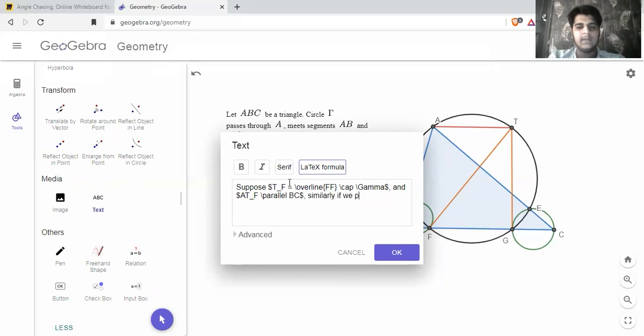Similarly, we prove that ATG is parallel to BC, where TG is defined as the intersection of the G tangent with gamma.